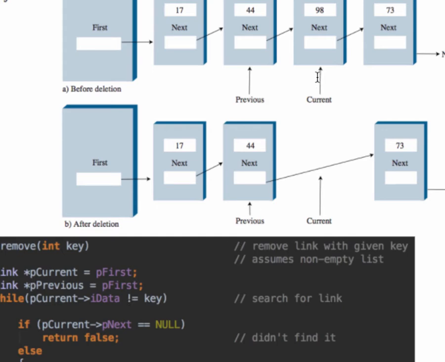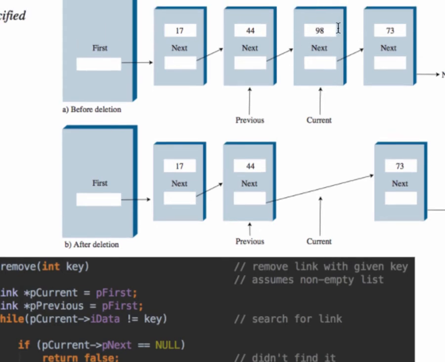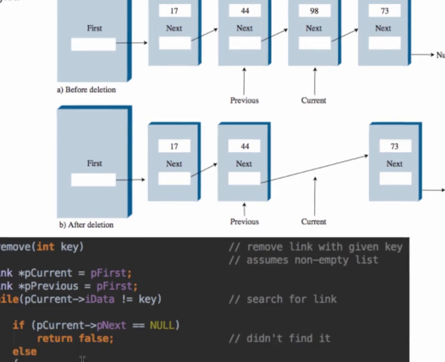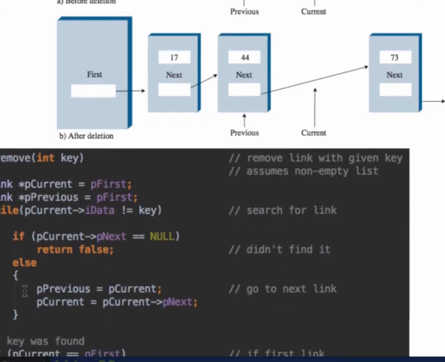As soon as current becomes equal to the value 98, which is what we're looking for, I'm going to tell it, forget about current, go look at the previous and tell the previous to connect to current next. So I'm going to say previous next is equal to current next, and that is how I'm going to establish this connection. And that is right here.